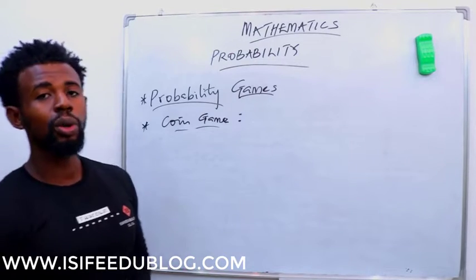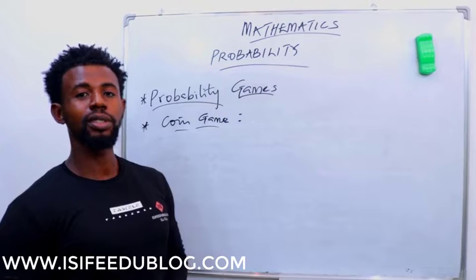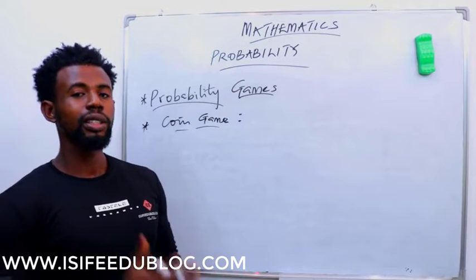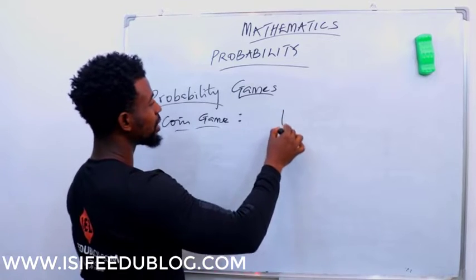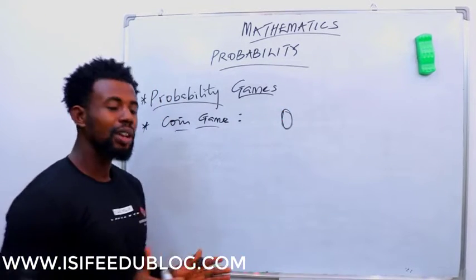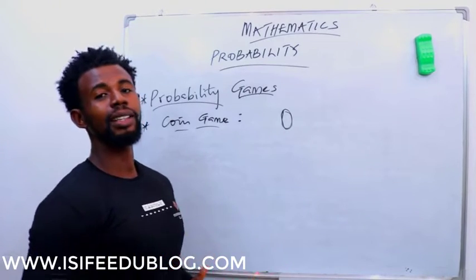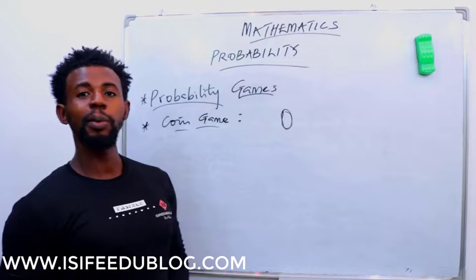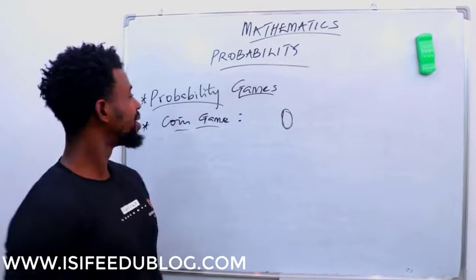So now basically we all know what a coin is. And every game being played under a coin game is simply in the toss of a coin. Now, this is a coin, right? We all know that a coin is made up of just 2 faces, which is our head and our tail. So in the flip or in the toss of a coin, it's either you have a head or you have a tail.